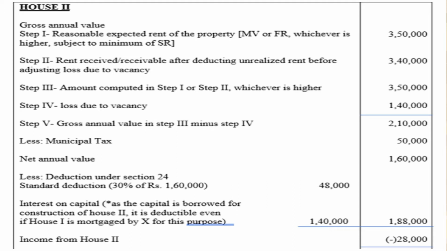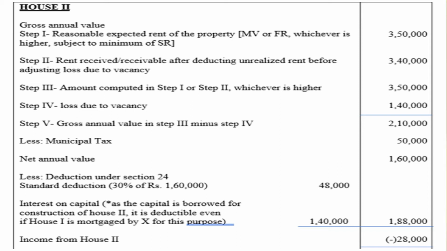Step 3 will be the amount computed in step 1 and step 2, whichever is higher. So out of 3,50,000 and 3,40,000, higher is 3,50,000. Now we deduct the loss due to vacancy. Loss due to vacancy is clearly given as rupees 1,40,000. So we deduct loss due to vacancy 1,40,000. So in step 5 we get gross annual value for house 2, step 3 minus step 4, which is 2,10,000.